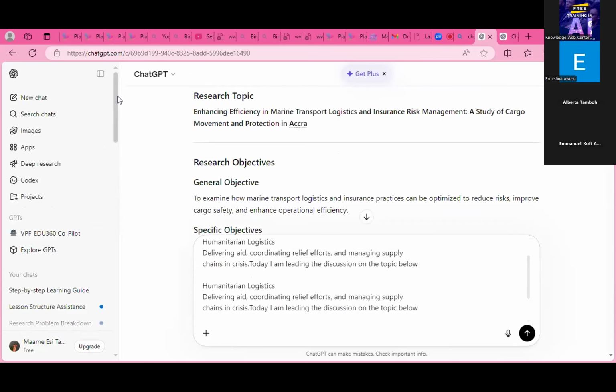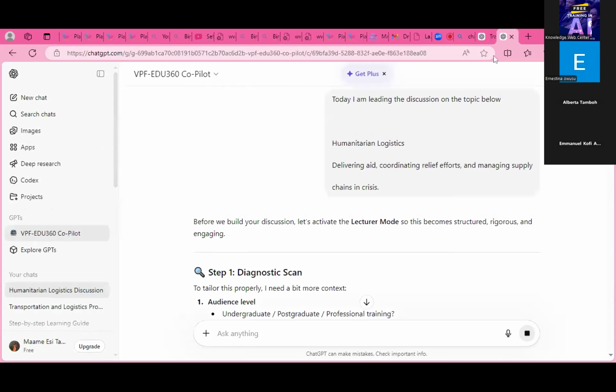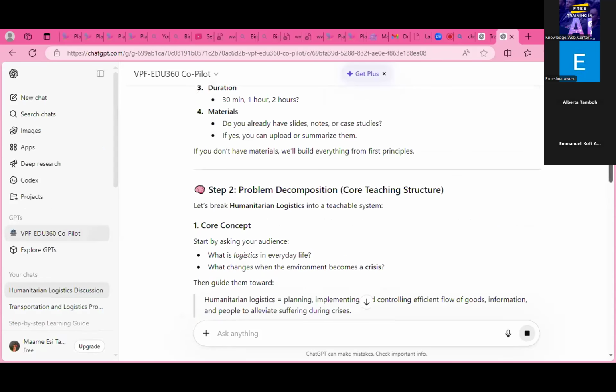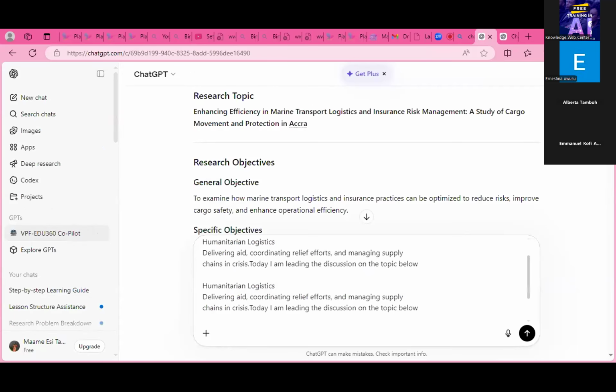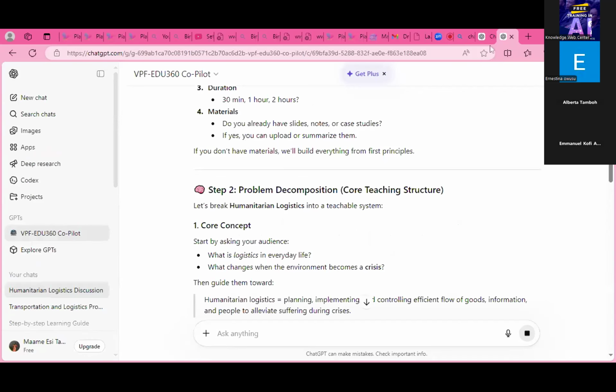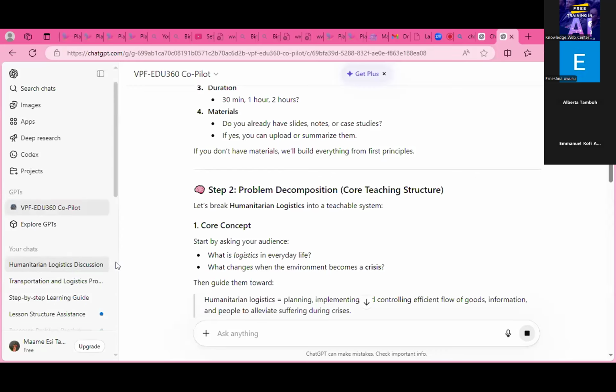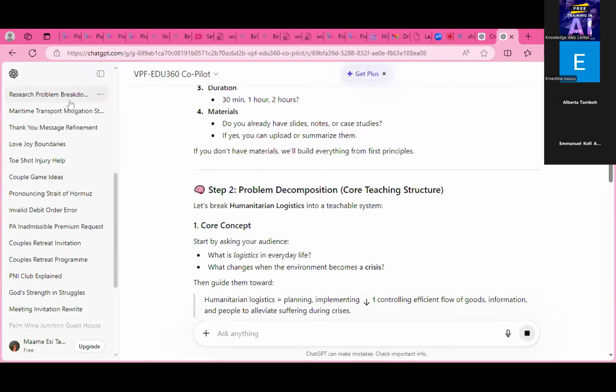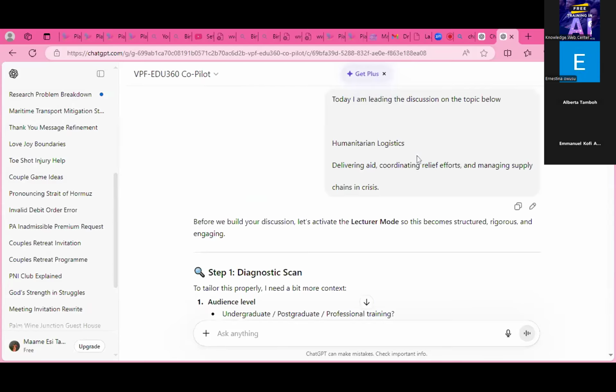She's sharing this. So the other one I did is here. She's already done something. I picked it from where I continued, but I think today I'm leading the discussion on the topic below, the humanitarian. Should I begin from the initial one?